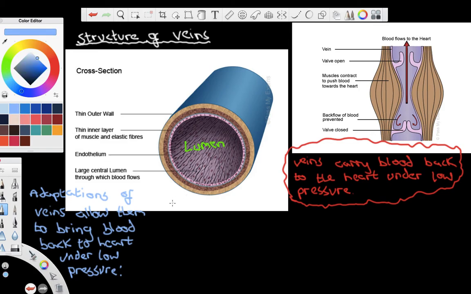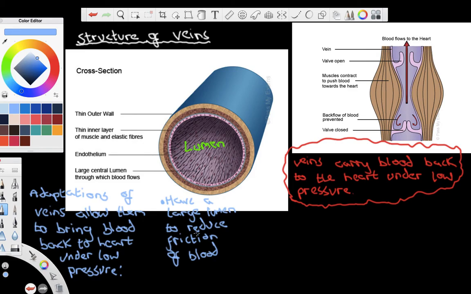So we can say that they have a large lumen to reduce friction of blood.